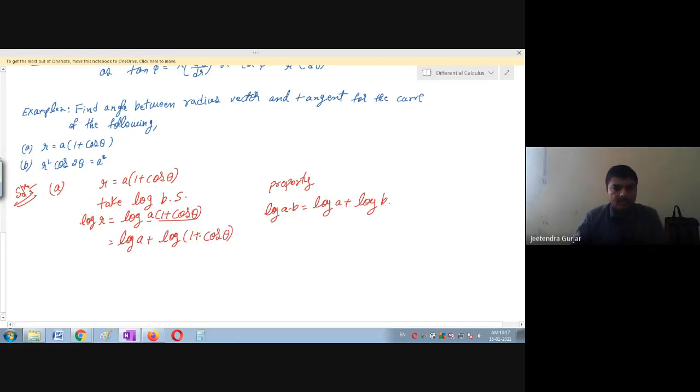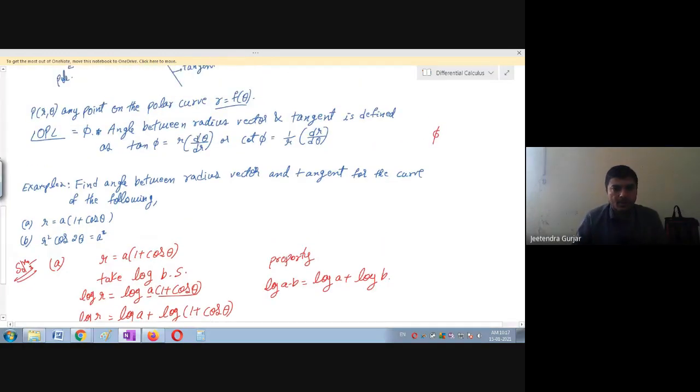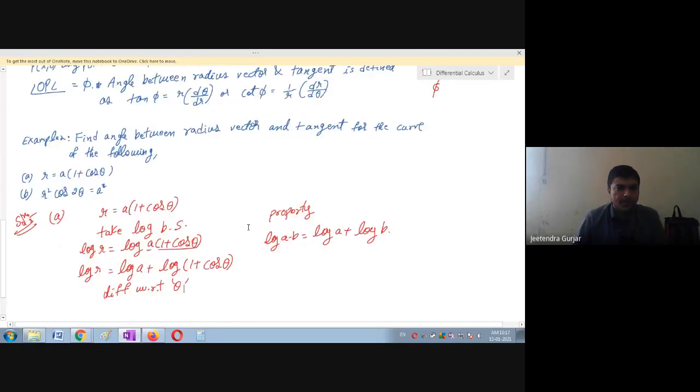Now this is in the standard form, so I can just differentiate this with respect to theta. Why with respect to theta? Because I have to calculate dr upon d theta, then you can easily find the phi value. Phi is nothing but the angle between the radius vector and tangent. Keep this in your mind, students.